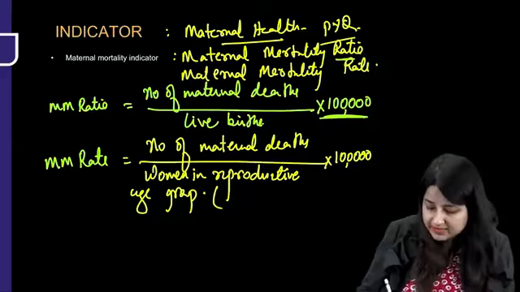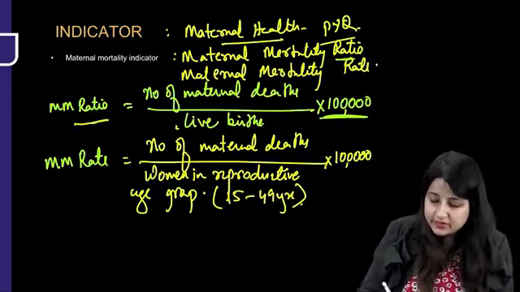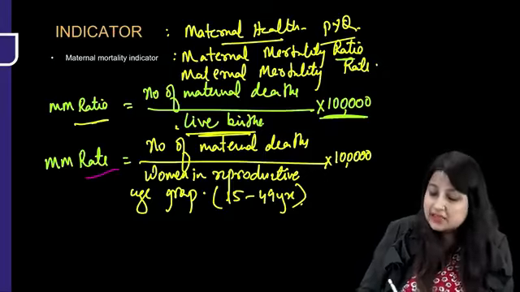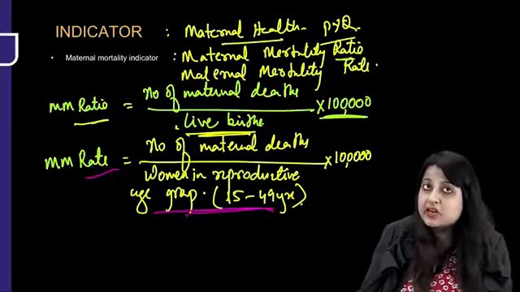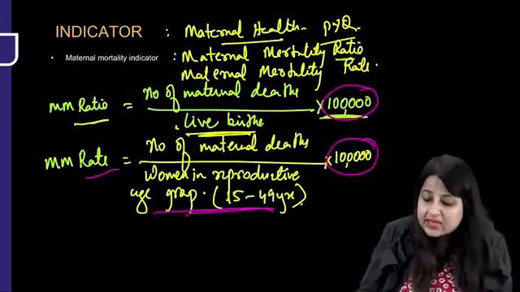Reproductive age group. And what is this age group? 15 to 49 years. So can you see in the ratio, the numerator is not a part of the denominator. The denominator is live births. But in the rate, the numerator is a part of the denominator. The denominator is the reproductive age group. And maternal mortality is the only place, everybody, where we are doing a multiplication with 1 lakh.